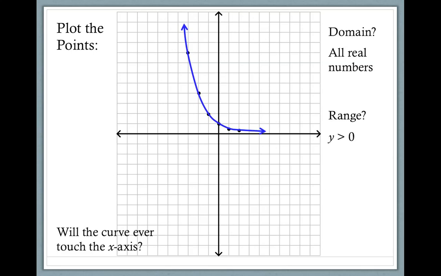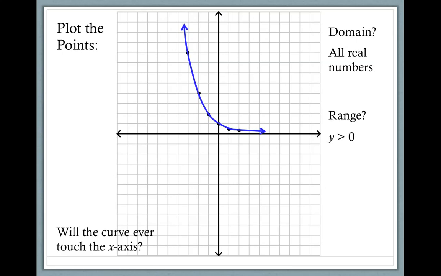We are still looking at a range of y being greater than 0. So having a growth function compared to a decay function does not affect our domain and range. Domain and range for an exponential basic function is still a domain of all real numbers and a range of y being greater than 0.